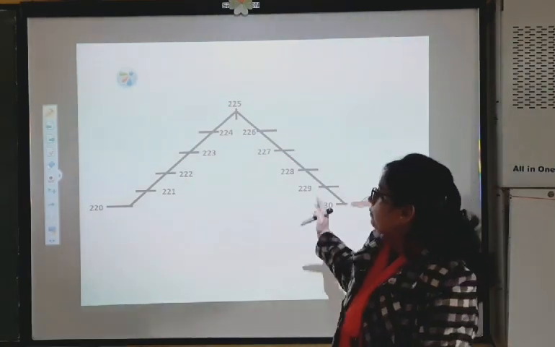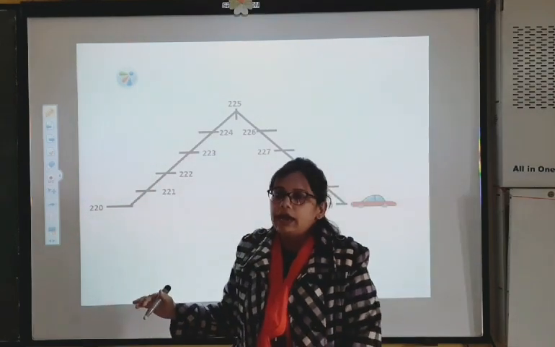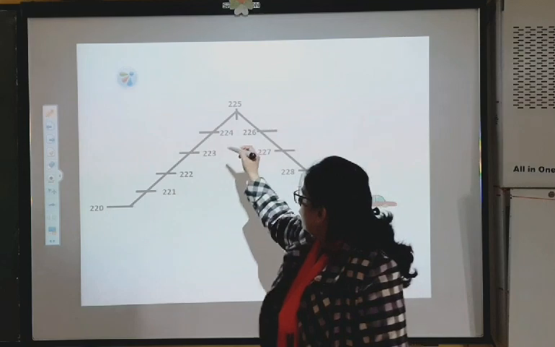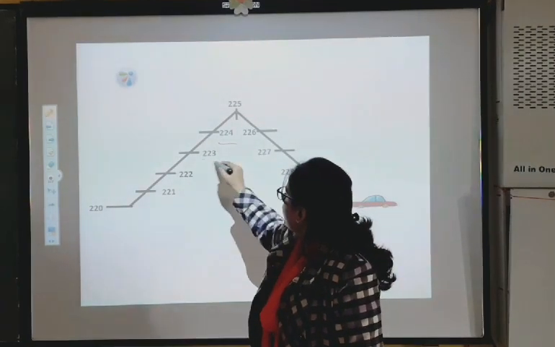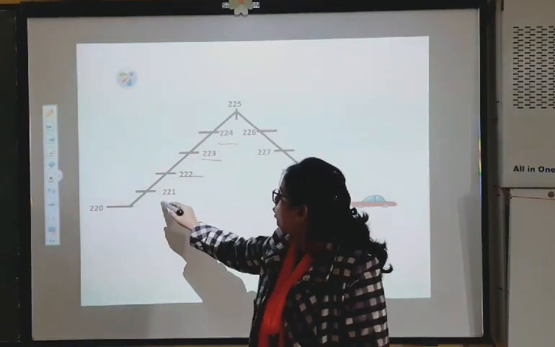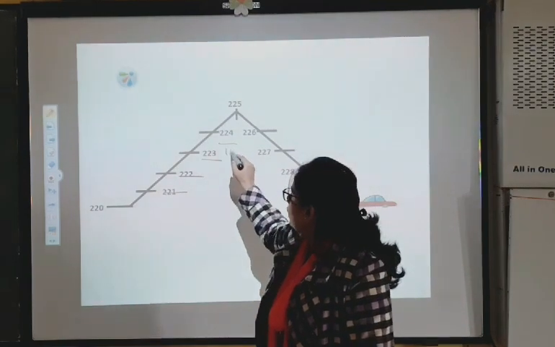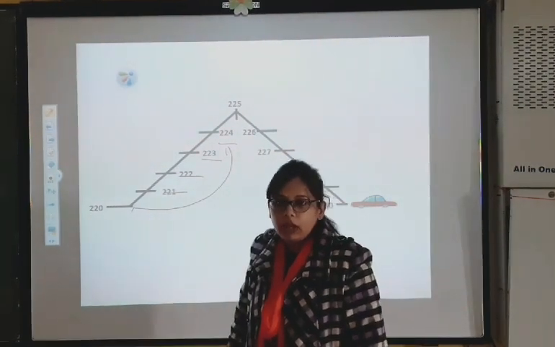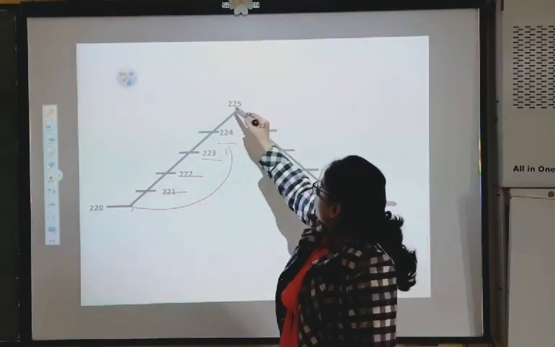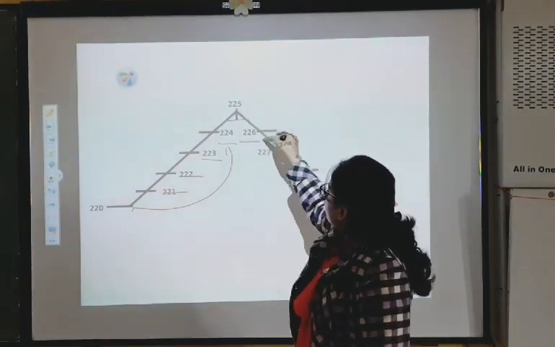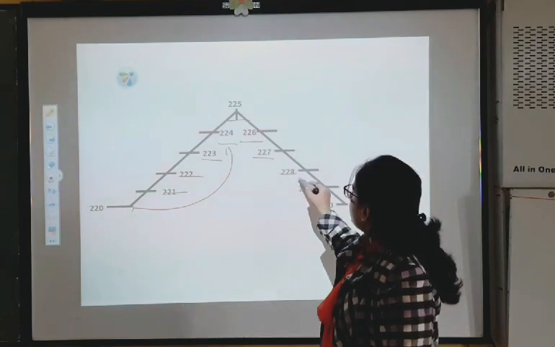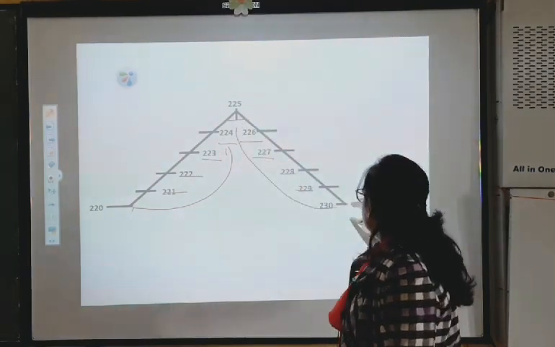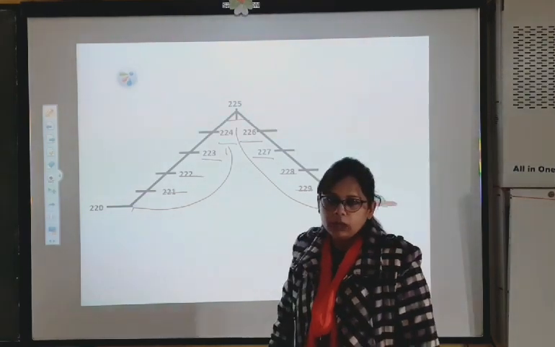So children, you have seen from this example that if the toy car or any number is on 224, 223, 222 or 221, it will always slip down and come to 220. And the numbers 225, 226, 227, 228, 229 will always come to 230.